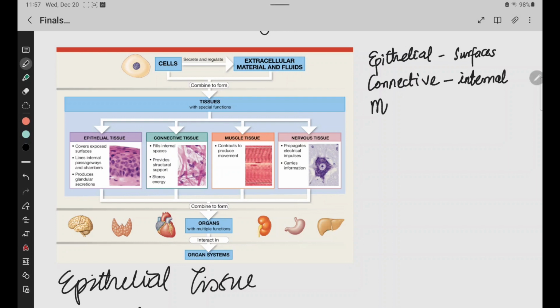For muscle tissue, we all know about muscles. You know about your biceps, your triceps, your deltoids, things like that. So these tissues help us move. So they're basically for movement. But also, we have muscle tissue in our heart to help us pump blood through our body.